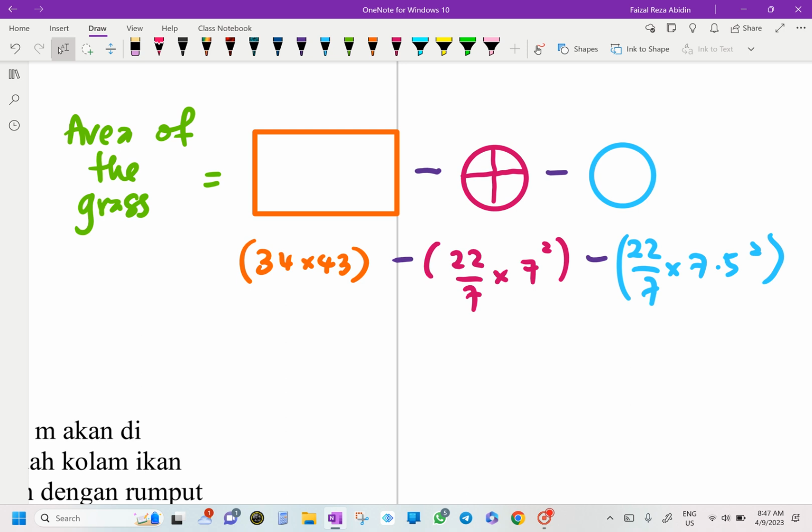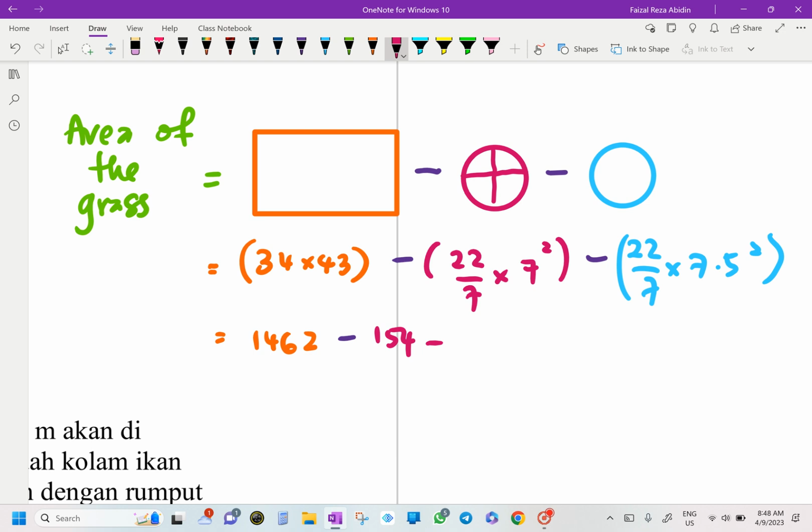Calculate one by one first. This one I got 1462, minus 22 over 7 times 7 square. I'm going to get 154. Minus 22 over 7 times 7.5 square.